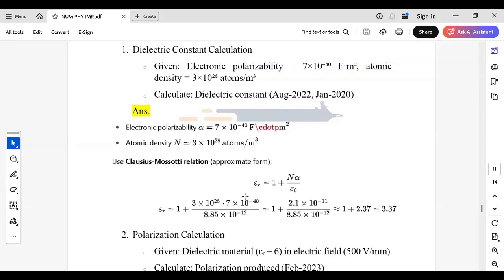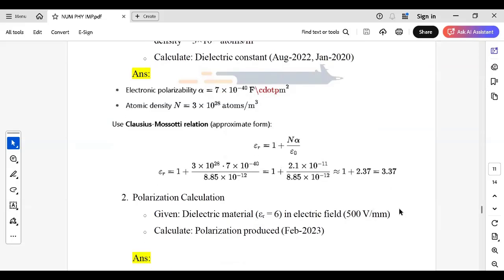N is nothing but atomic density, and you know the electronic polarizability value alpha. You know epsilon naught value 8.85 into 10 to the power minus 12, otherwise you have to memorize it. Substitute all these values, we'll get the answer as 3.37.